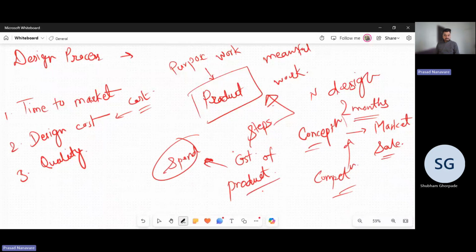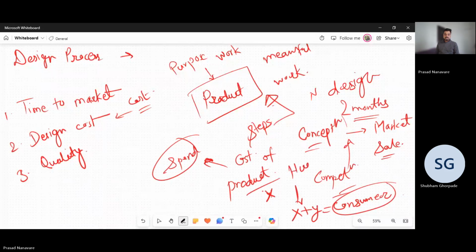Say you are spending x amount on your product during the design process, so you will charge x plus y from the consumer. And if our x itself is huge, then how much can we take here?